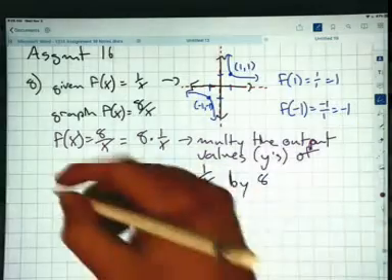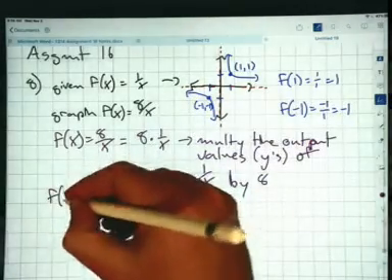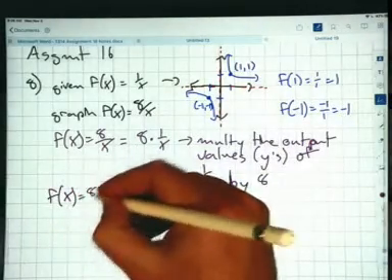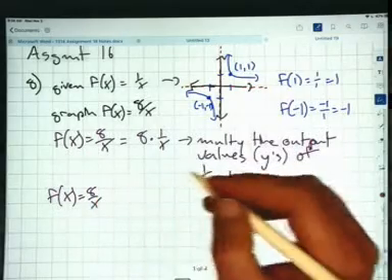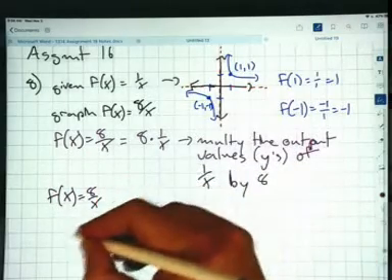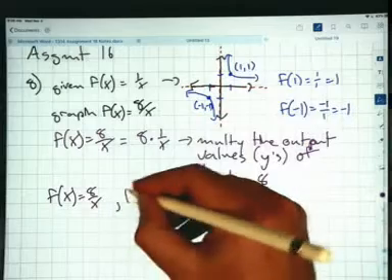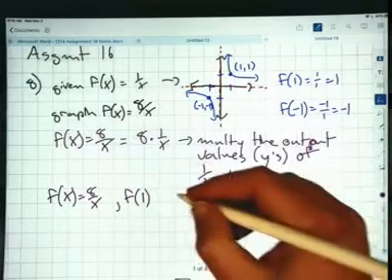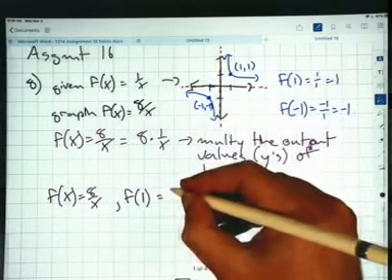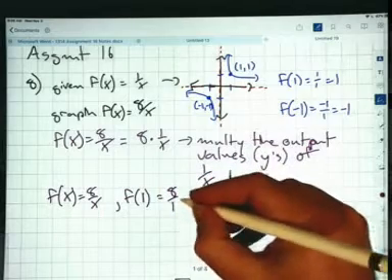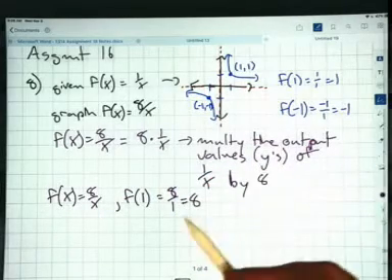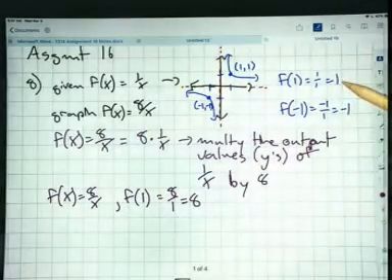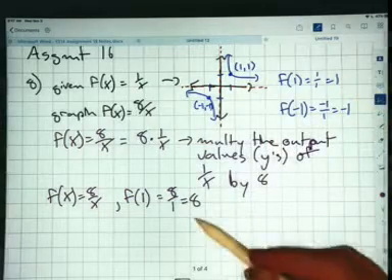So for f of x equal to 8 over x, if you do, let's say, f at 1, that's going to be 8 over 1, which is going to be 8. So that is basically taking the 1 that we had up here and multiplying it by 8.